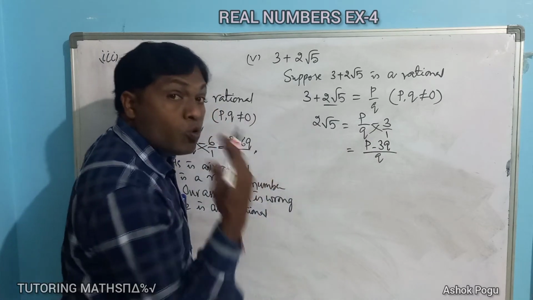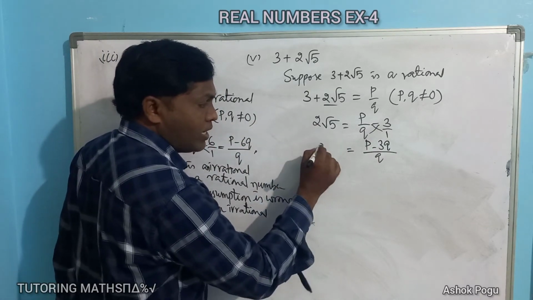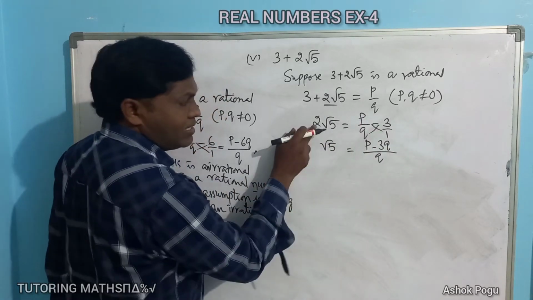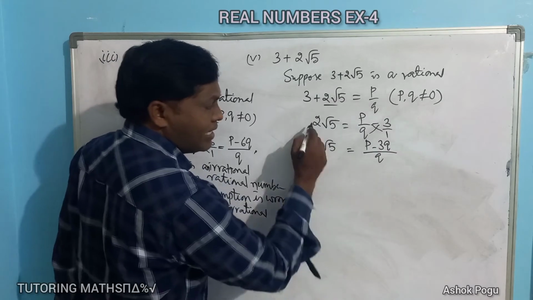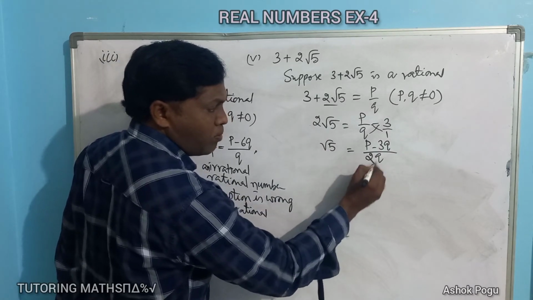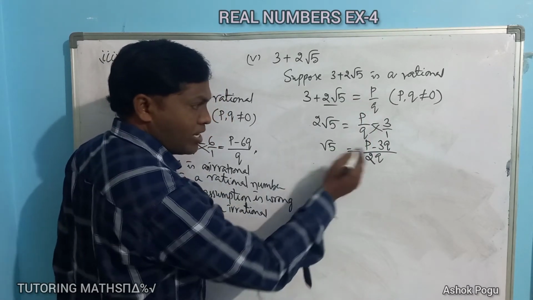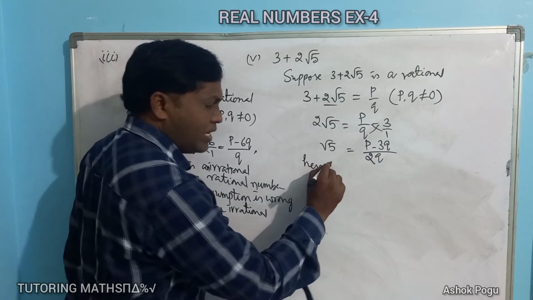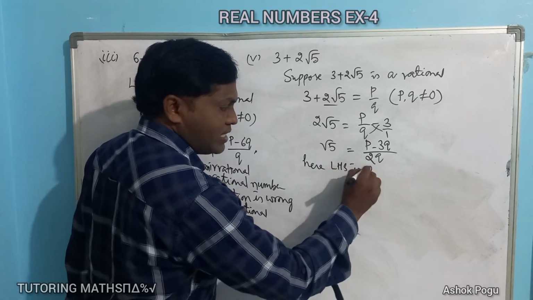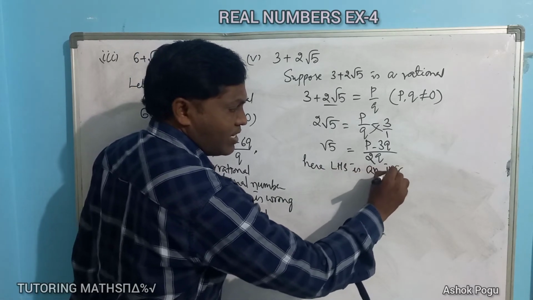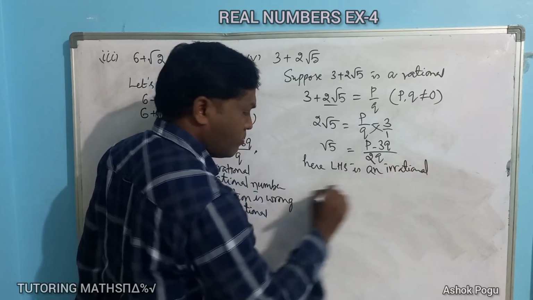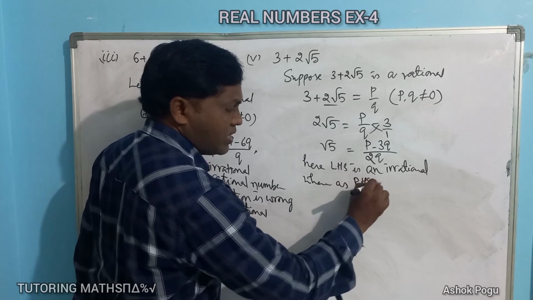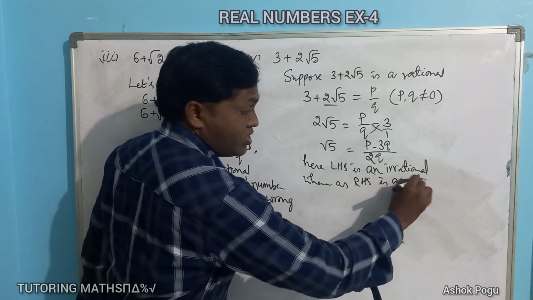But we have 2 root 5, isn't it? 2 root 5. I take root 5 and shift the number 2 to the right side, then the numerator becomes the denominator. We get like this. So therefore here observe the LHS and RHS. Same concept. Here LHS is irrational, whereas RHS is rational.